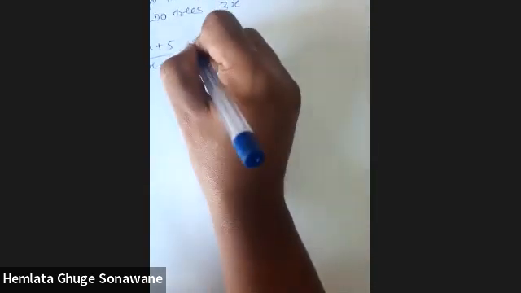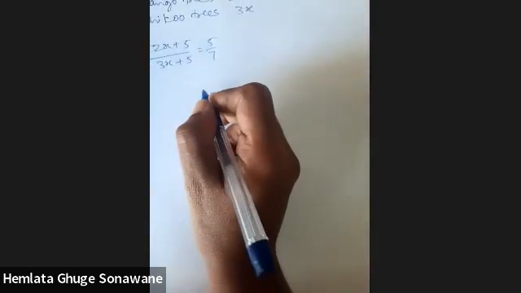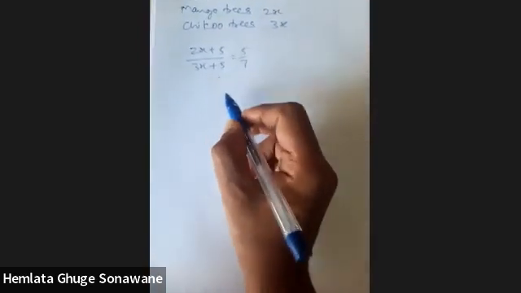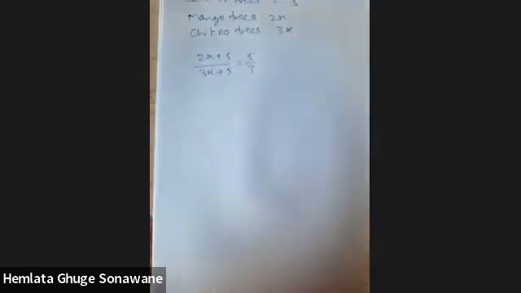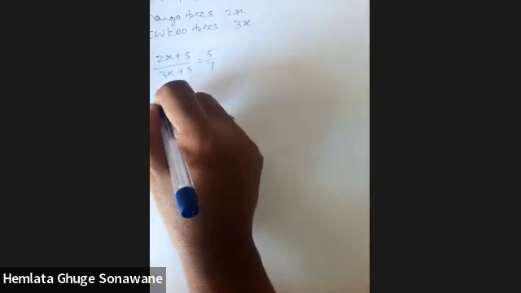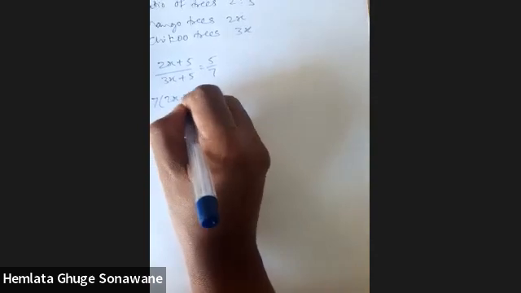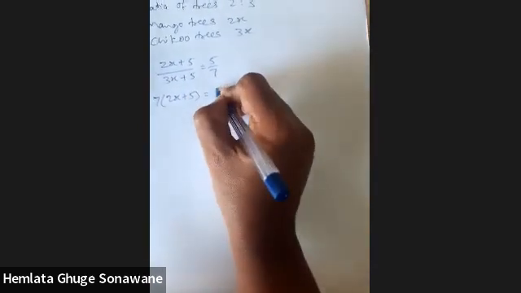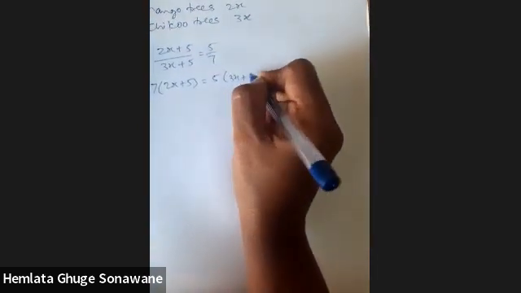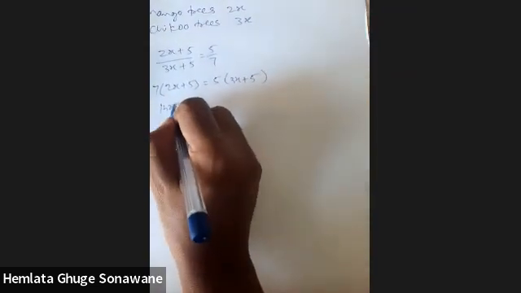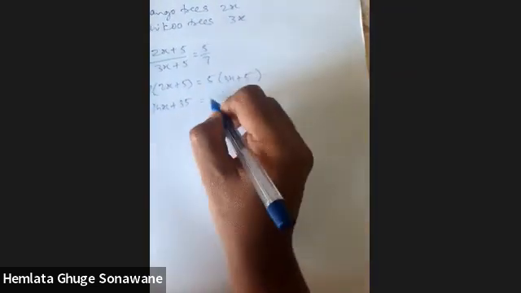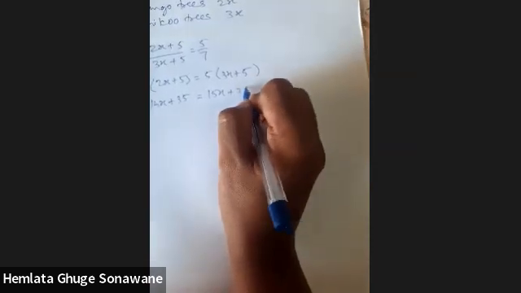Then the ratio becomes 5/7. Now we have got this equation. We'll cross multiply. So it becomes 7 into 2x plus 5, 5 into 3x plus 5. It becomes 14x plus 35 is equal to 15x plus 25.